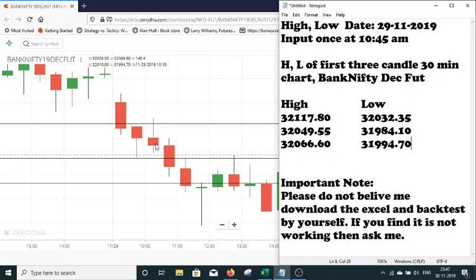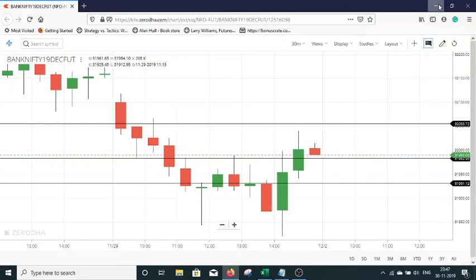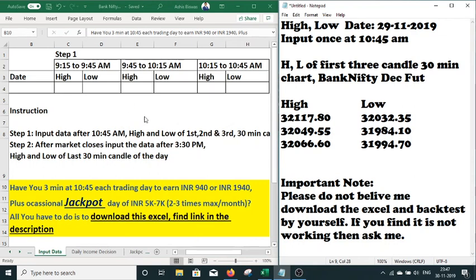The third candle high was 32066.60 and the low was 31994.70. Now once we put down all those data, we have to feed this data into this Excel sheet.